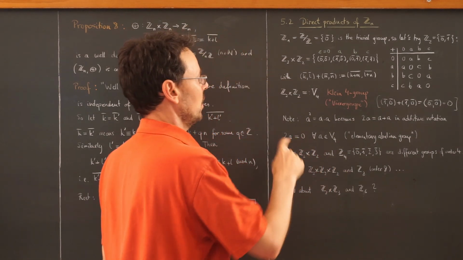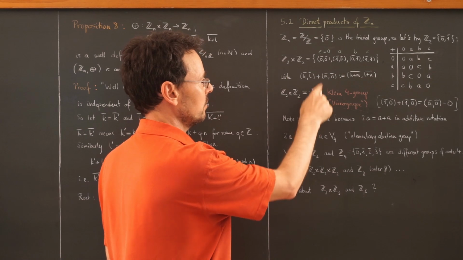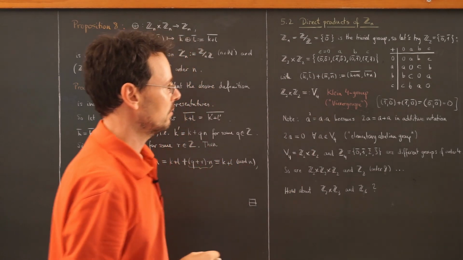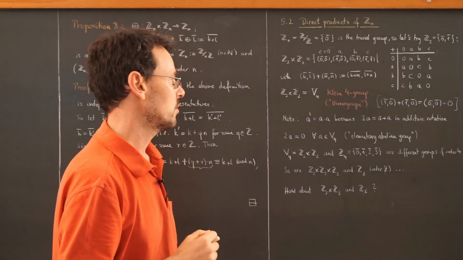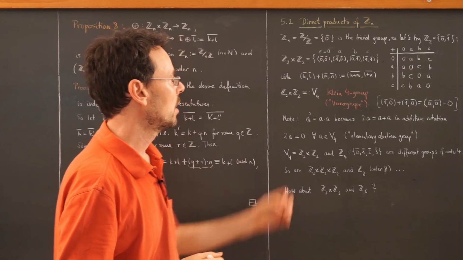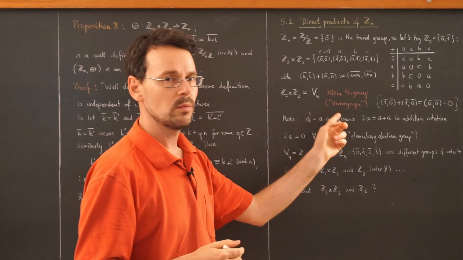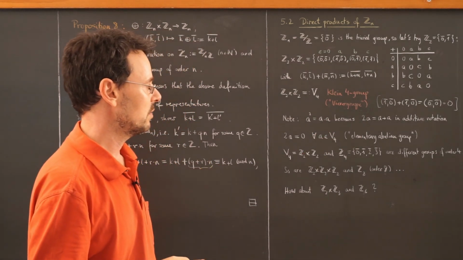So, this direct product, which is a group, is called V sub 4, the famous Klein 4 group. Felix Klein, famous German mathematician. Not sure in which context he came up with this group. Also called Vierergruppe. That's a German expression. I've seen this in the English literature as well.